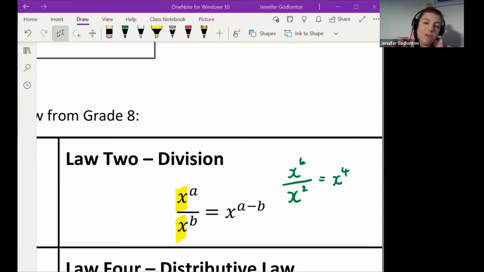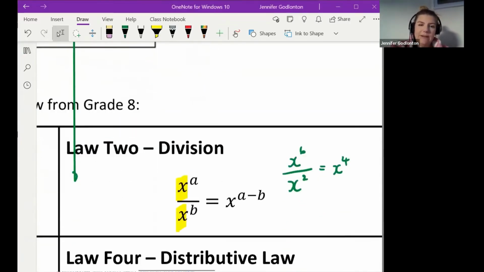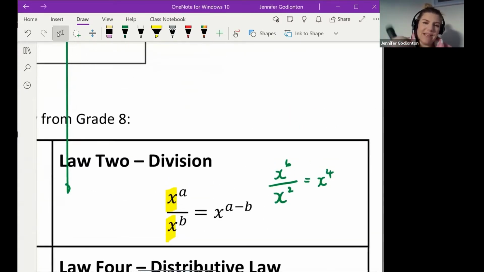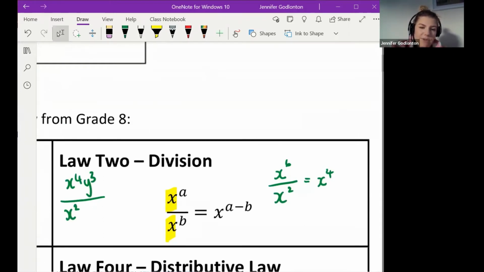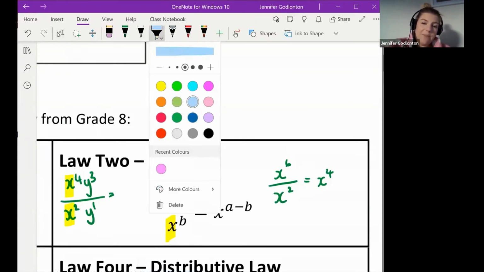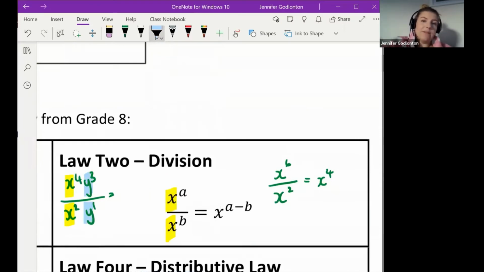For example, if I had x to the power of 4, y to the power of 3 over x to the power of 2, y to the power of 1, I can deal with those because their bases are the same. So it would be x squared y to the power of 2. Does that make sense? Yes. Great.